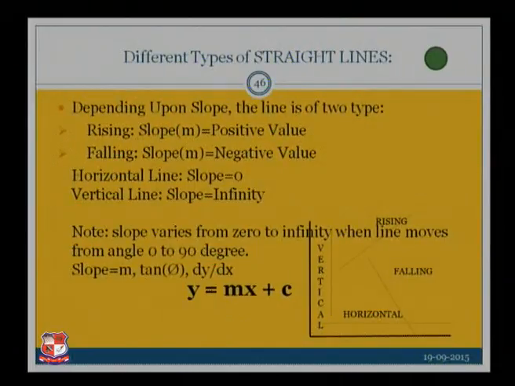Now coming back to our discussion, this slope m, tan theta and dy dx are the same. So ultimately coming to our calculus, when we are dealing with calculus, we are calculating dy dx and actually we are calculating the slope of the line, is it not?